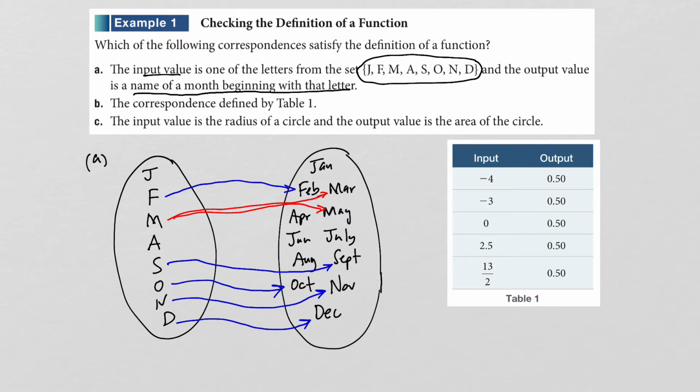But furthermore, look at J. J could represent the month of January, June, or July. And finally, A could represent April, or it could represent August. So we have multiple elements of the first set that go to multiple elements of the second set. So this first correspondence here is not a function.